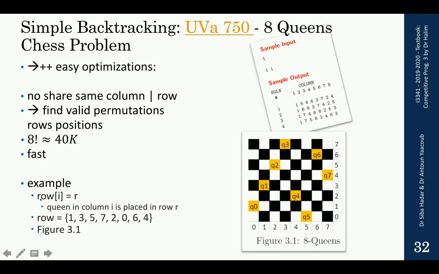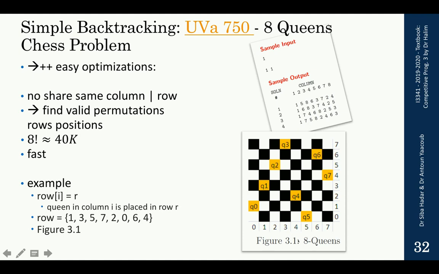And for example, if I represent row of I equal R, I mean the queen in the column I is placed in the row number R. So here I have to find the row number for the given column. I have the columns I from 0 to 7 and I want to find the row numbers.